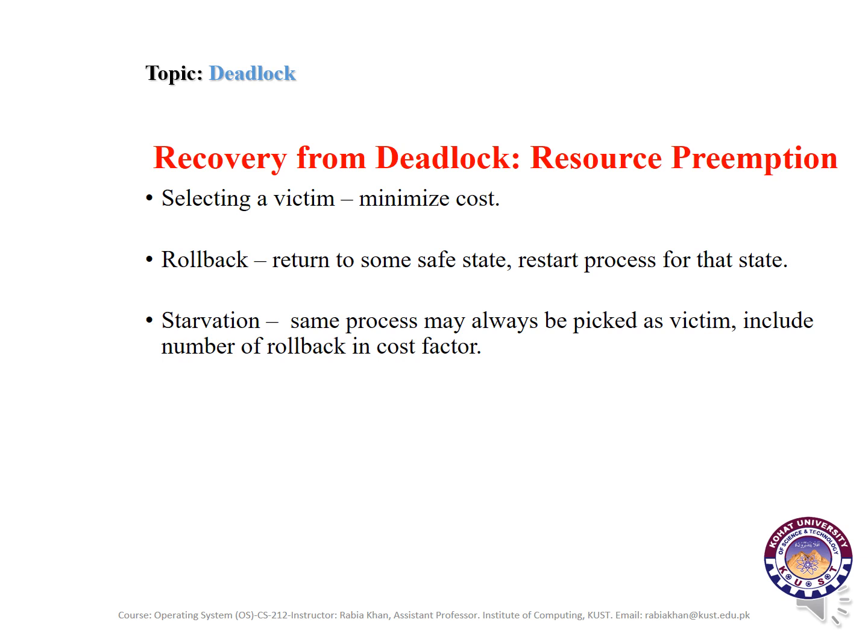The victim selection is made on the criteria we have already discussed. The victim selected is the one that would be less expensive for the operating system. The preempted process will be rolled back to some safe state and would restart all its operations.